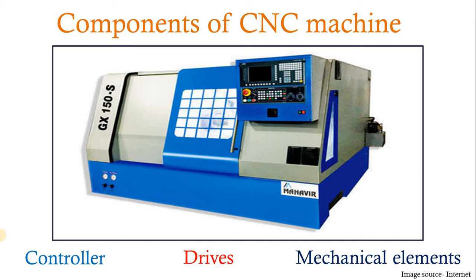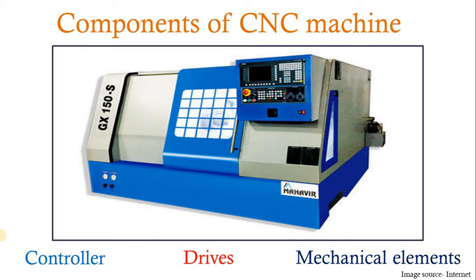Hence, a simple command for a change of stored program can immediately start producing a different type of component. Also, the CNC machine has the advantage of feedback. The feedback information for correcting any part of the output performance is now simple to evolve, decode and feed back to the original control system. So this is the introduction of CNC machine.